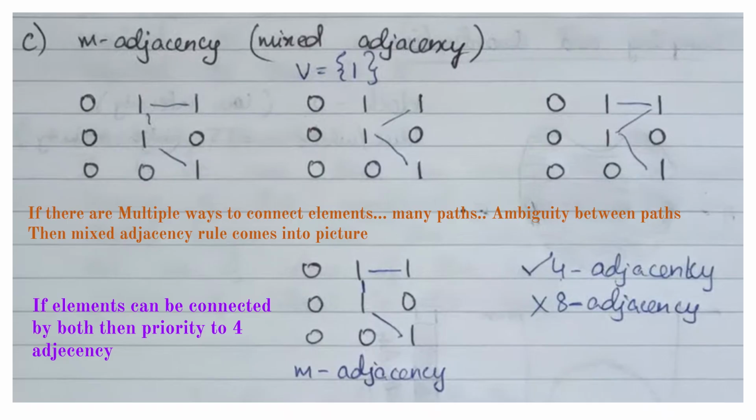Connect this one with 4 adjacency. Then connect this one with this one with 4 adjacency. Then connect this one with 4 adjacency. So this is called M adjacency. The last connection, that is 1 to 1, is actually 8 adjacency and not 4, because this is the diagonal pixel.